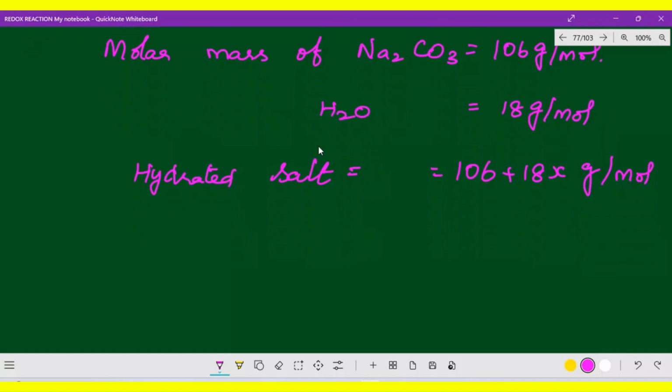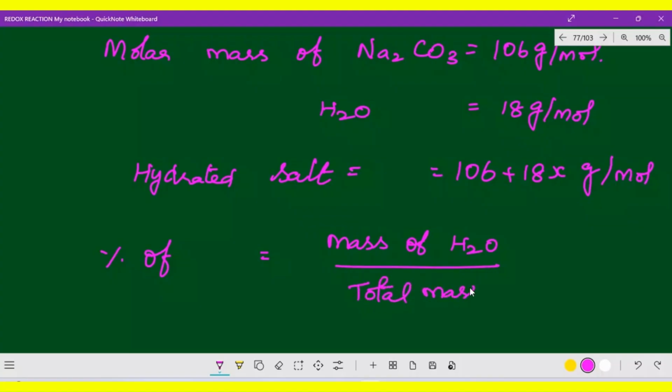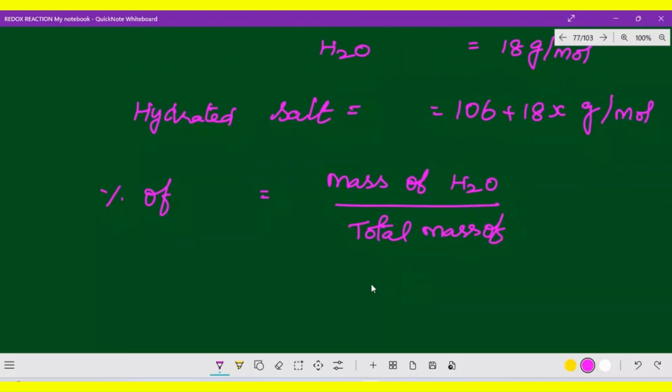So percentage of loss of mass is mass of water divided by total mass of hydrated salt, into 100.